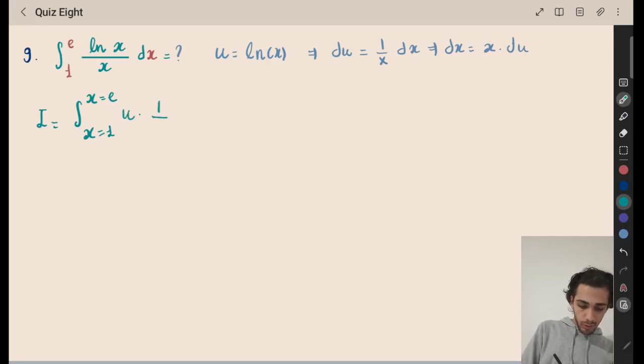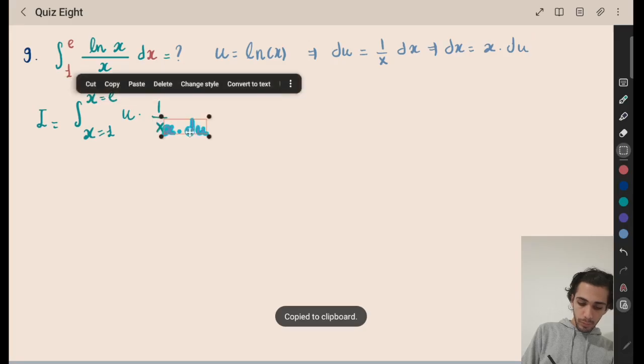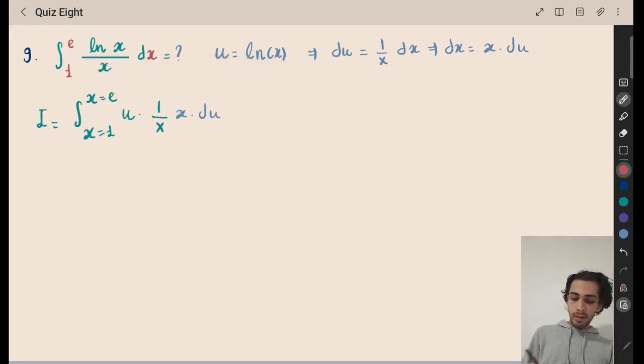I will also write 1 over x, and instead of dx, I'll write x times du. This is why we choose the derivative which appears in the expression, because it will always cancel out. Then this gives us an integral from x is equal to 1 to x is equal to e of u du.